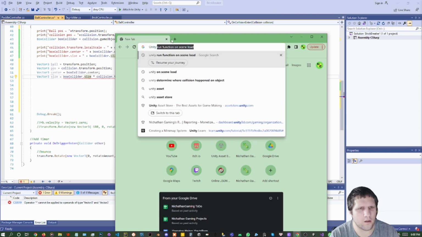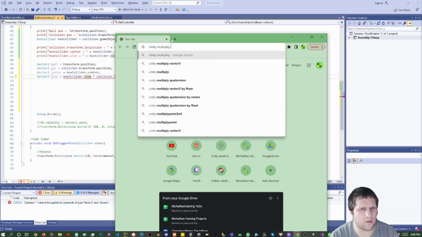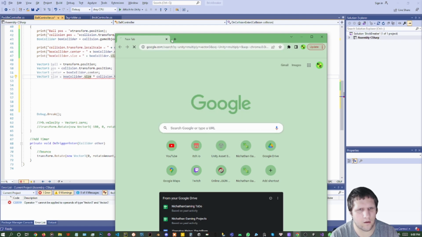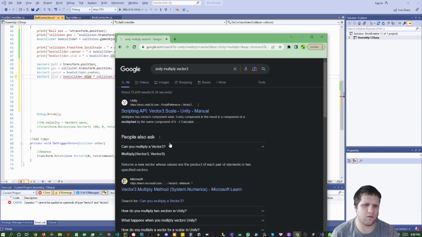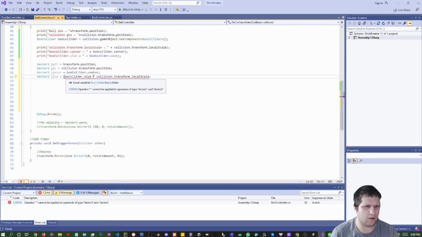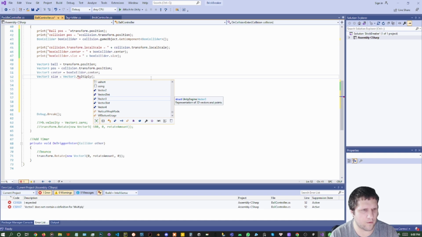So let's say Unity multiply vector 3. Okay, so let's try that. I feel like that should be a... Okay, vector 3 multiply. So, vector 3 dot multiply. No?